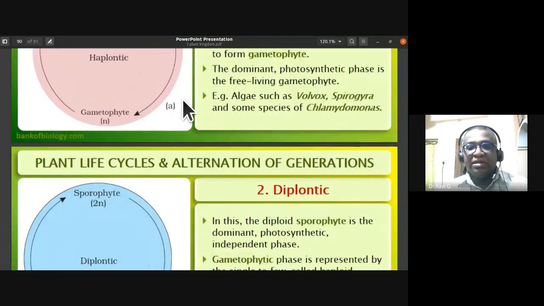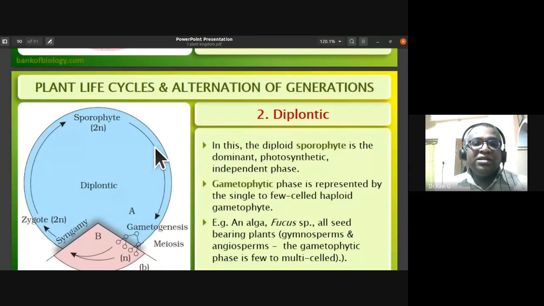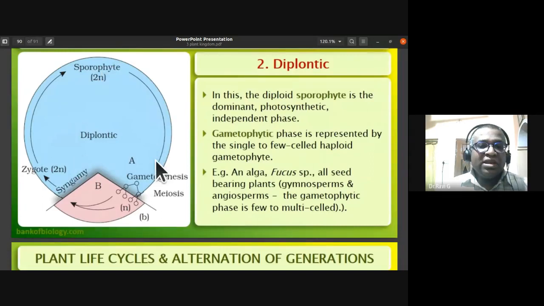The second type of life cycle is the diplontic life cycle. The major part of the life cycle of this plant is in the diploid stage, and you find a highly reduced gametophytic stage. So the haploid stage is highly reduced. Only in the gamete condition are they haploid, and immediately they undergo fusion to form diploid.